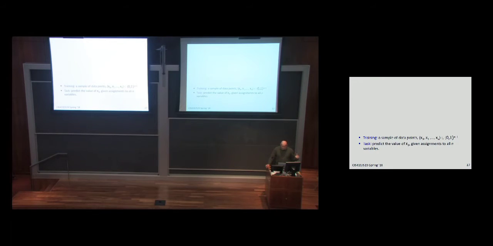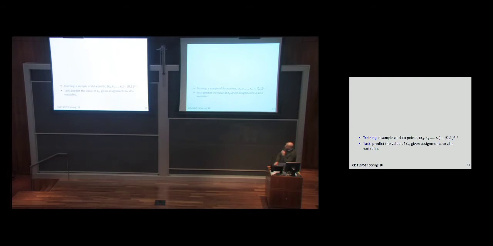Training a sample of data points. These are the data points, x0 up to xn. So it's n plus 1 dimensions, okay? N plus 1 vectors. And the task is to predict the value of x0, given that in the future I'm going to give you x1 up to xn.